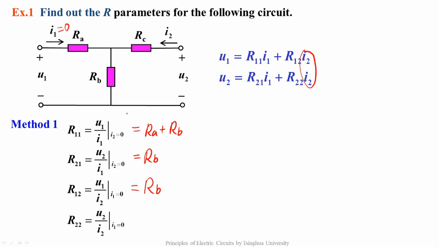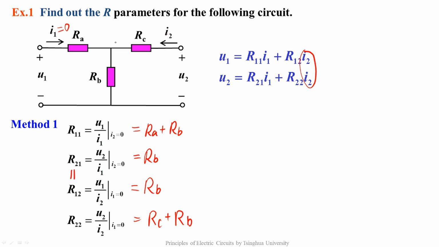R22 equals U2 over I2 equals RC plus RB. This is a resistive two-port network, so it's a reciprocal two-port. So R12 equals R21. They are both equal to RB, which proves that the result is correct.